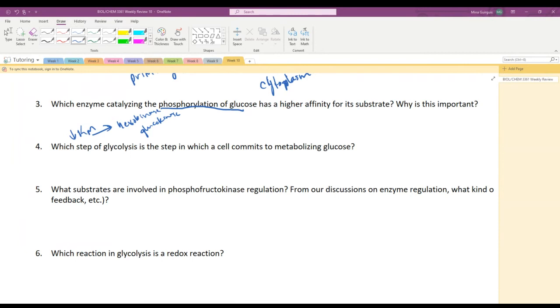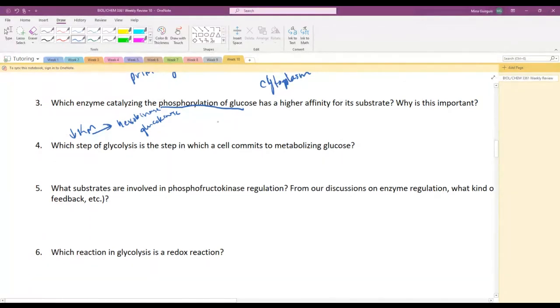So it has a lower affinity, so that most of the glucose is going to be used by hexokinases for glycolysis for energy, and it'll only significantly bind to glucokinase if there's a really high concentration and we do need to store some.